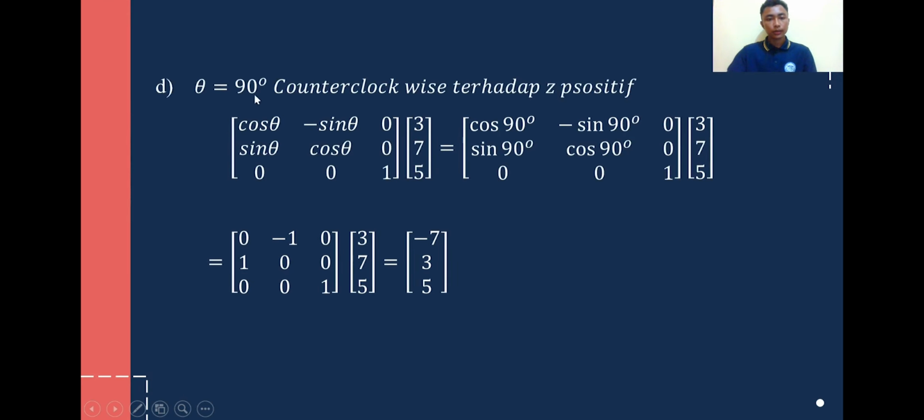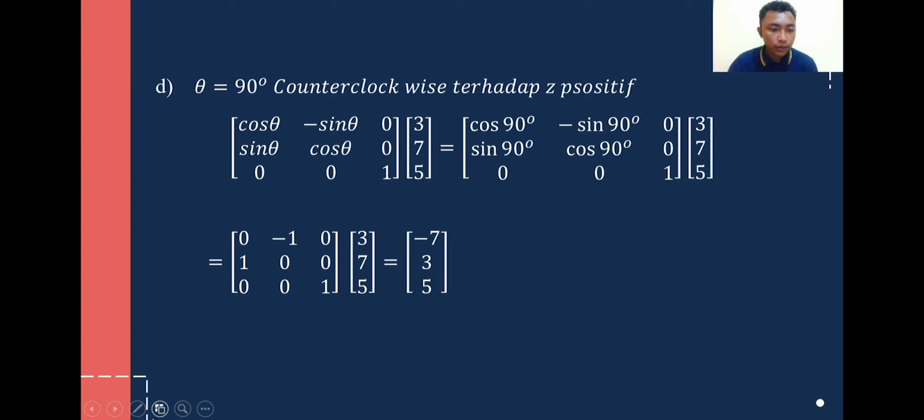Next, in the counterclockwise case, I think this will be easier because of 19 degree. We know the cosine of 19 is 0, so this will be easy. Minus sin 19 is minus 1, sin is 1.